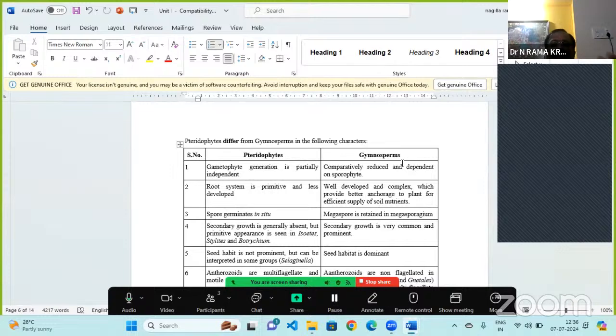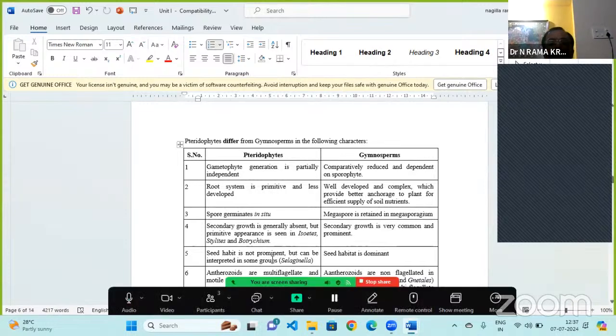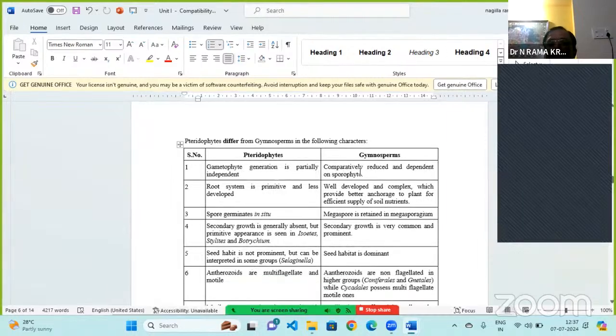But what are the different characters? Here in pteridophytes, the gametophyte generation is partially independent, but in the gymnosperms it is reduced and dependent on the sporophyte.